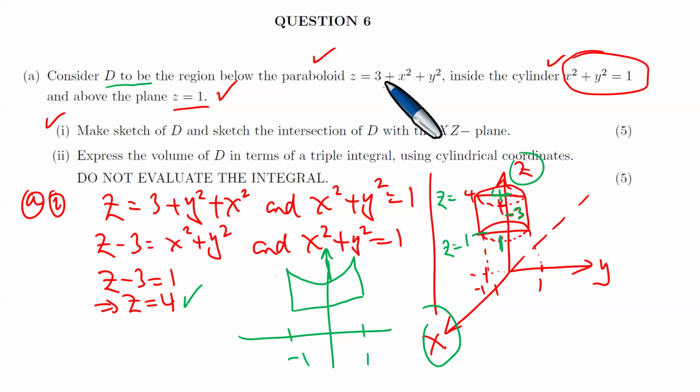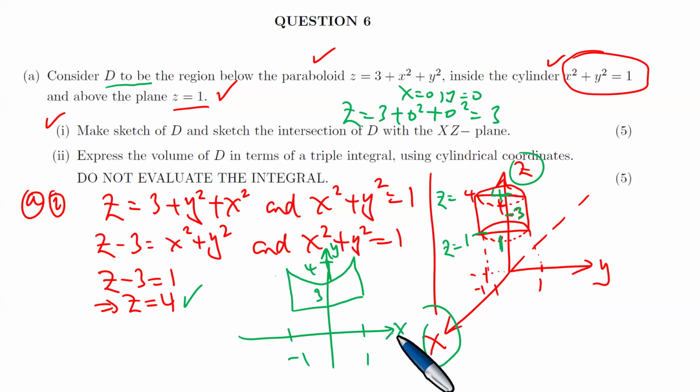So this paraboloid, at the point that X is 0, Y is 0 on the Z-axis, you have 3 plus 0 squared plus 0 squared, which is only 3. So it's going to cut at 3 here. And this one is at 4 here. So this is the cross section.